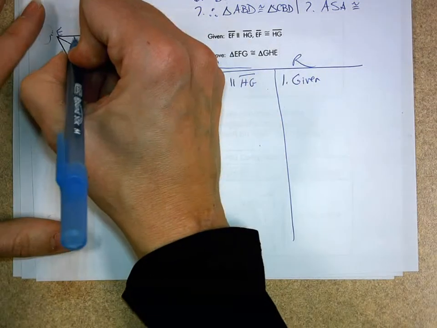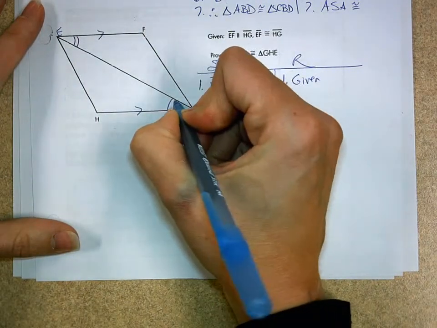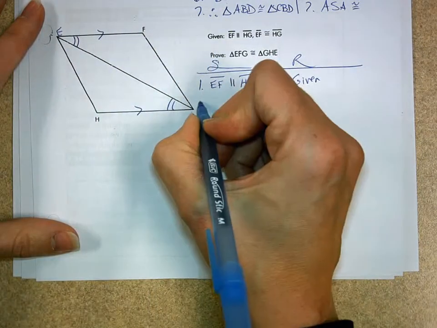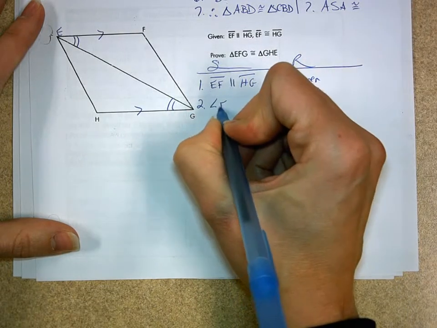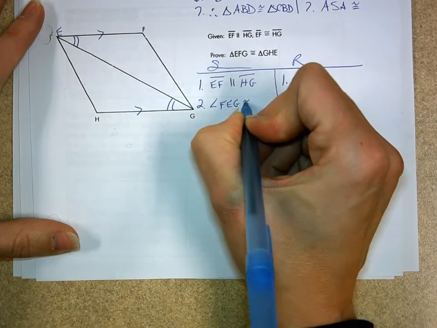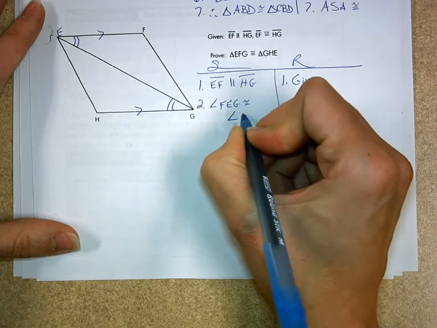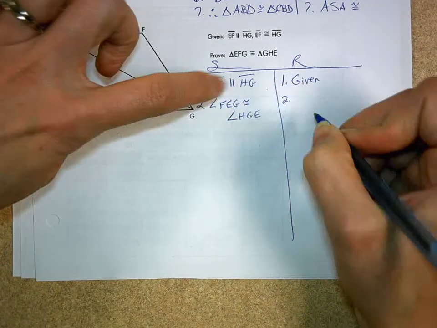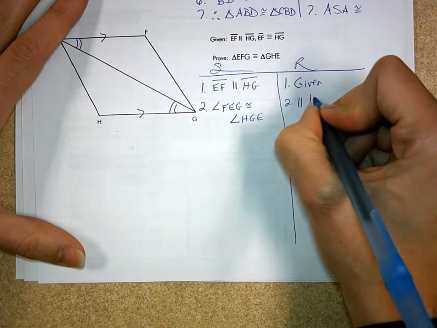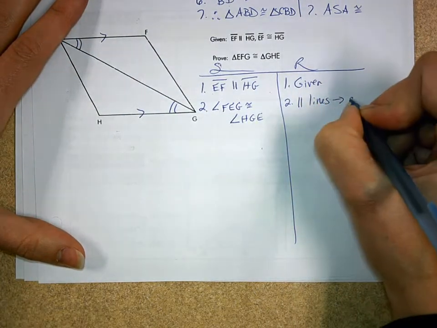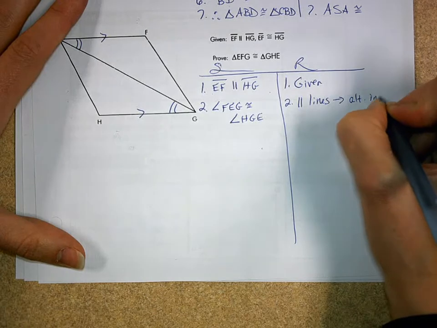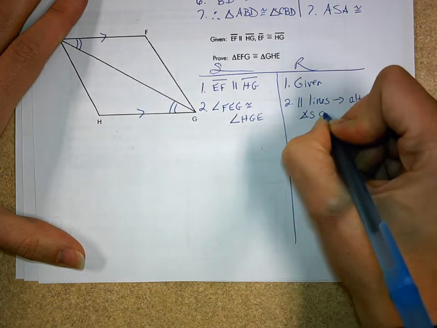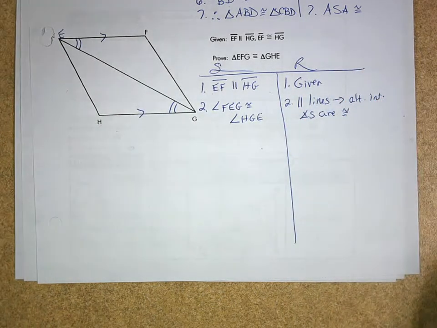And they are. There's a pair right here of alternate interior angles, the Z shape. So I go here and I go angle FEG is congruent to HGE. And my reason is because I started with parallel lines, because if parallel lines, then alternate interior angles are congruent.